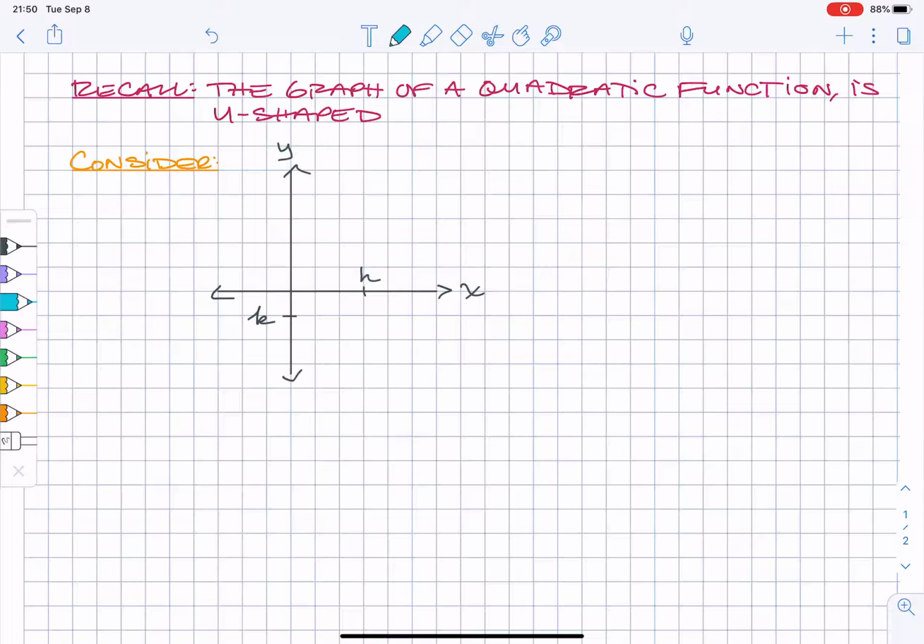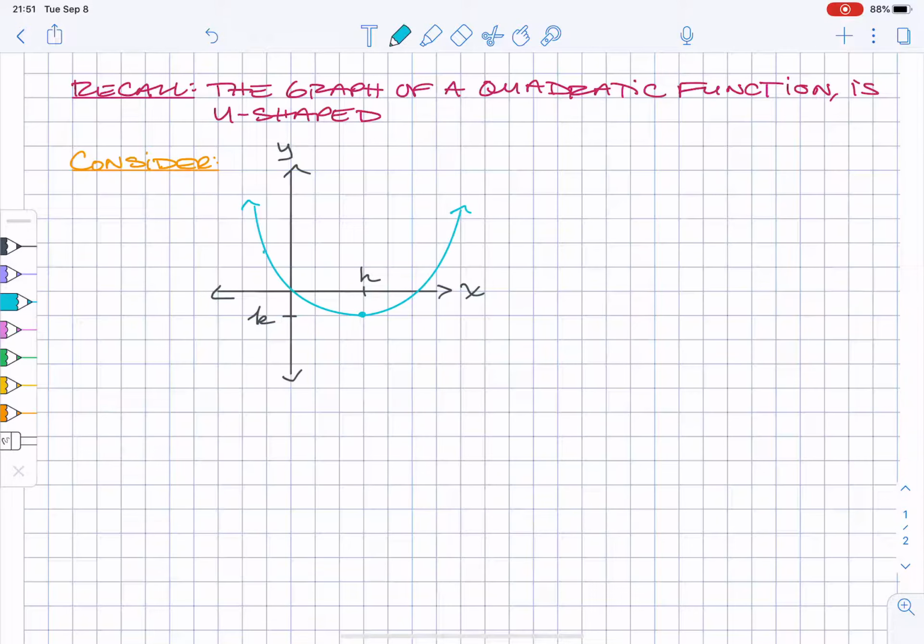Let's say the bottom of my quadratic is down here, and it does something like so.